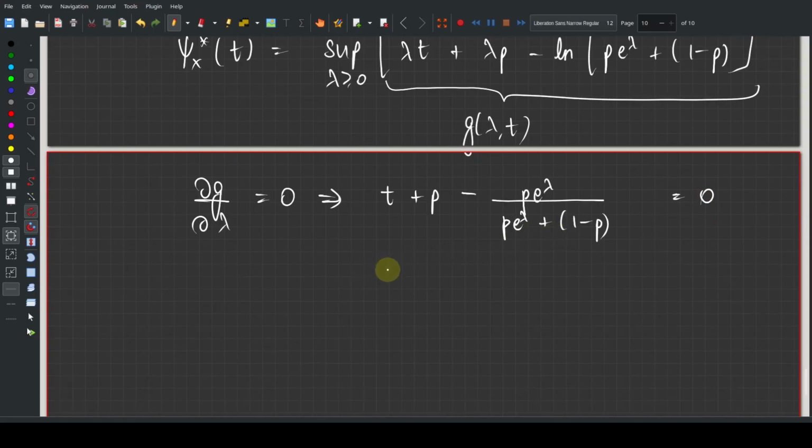So t plus p equals p e to the lambda by 1 minus p plus p e to the lambda.